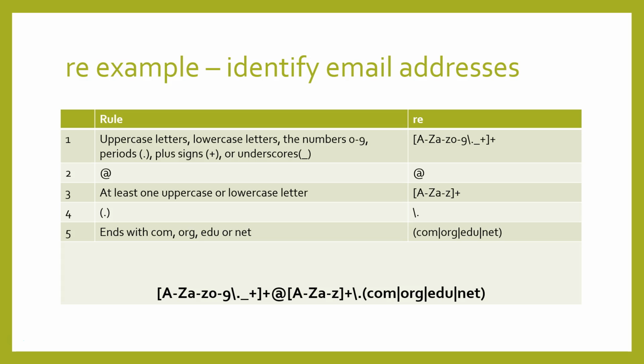In reality, there are many possible top-level domains, but these 4 should suffice for the sake of this example. And this is written in brackets as .com with a pipe sign. So this lists the possible sequences of letters that can occur after the period in the second part of the email address. So by concatenating all of the rules, we arrive at this regular expression.